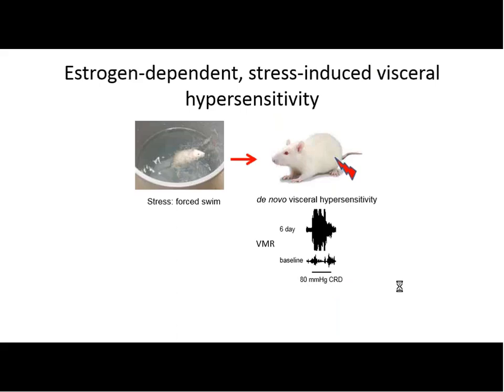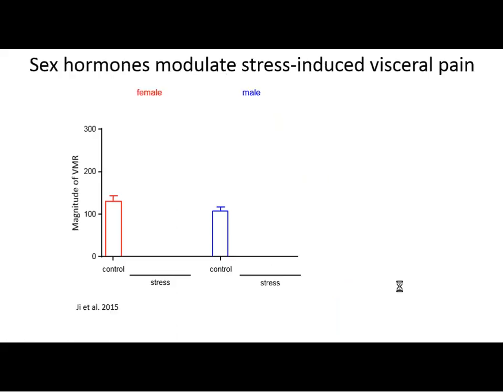You can just expose an animal to a repeated stressor. The stressor in this case was a forced swim, so you drop a rat in water and have it swim for 10 minutes for several days in a row. The output is the visceral motor response to colorectal distension, and these are standard measures done in Rich's lab.